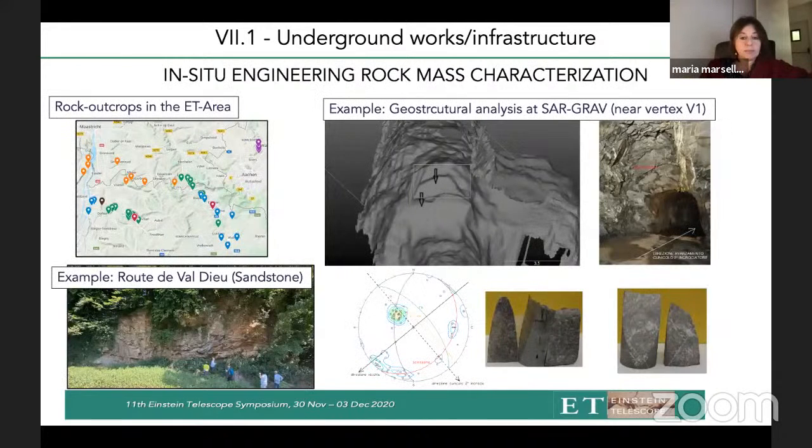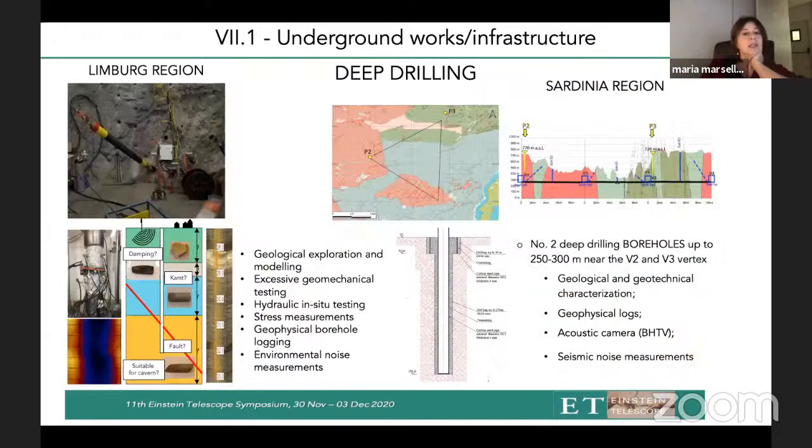And we have also talked about the geological and geotechnical studies that have been carried out at the different sites. We will put together all the experience to understand which investigations and analyses should be done, in order to present the results to the site preparation board that will be analyzing our outcomes.